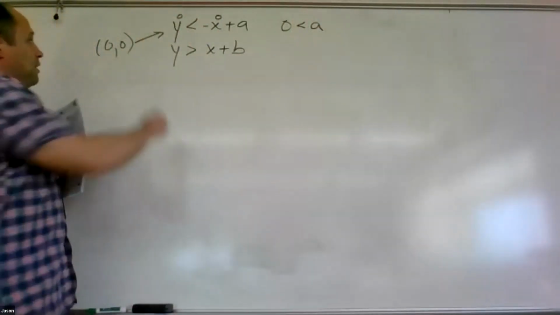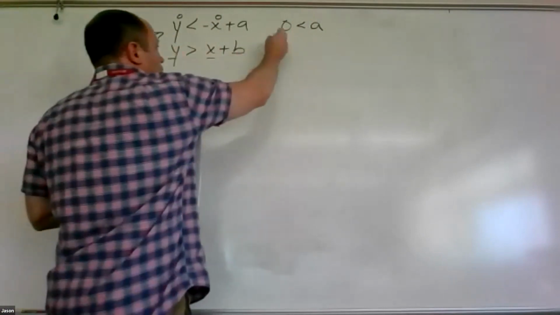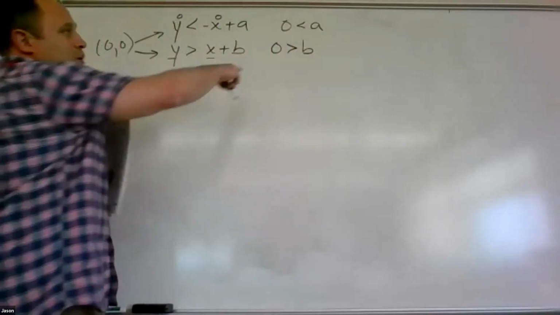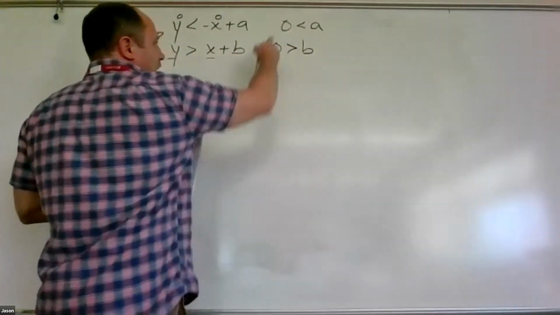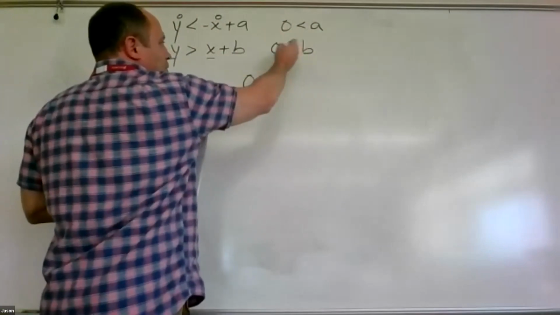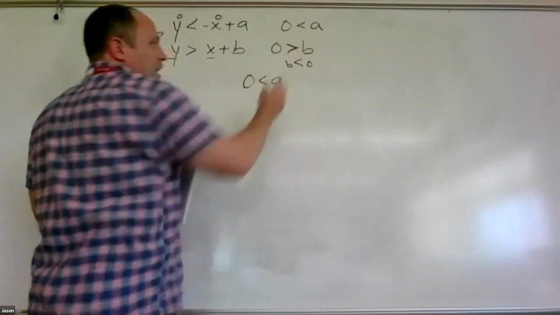If I plug it in here, again in x and y, I'm going to get 0 is greater than b. If I rewrite this, I can flip this around and say b and 0.